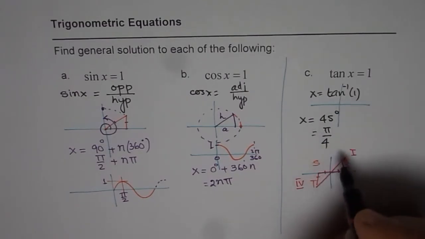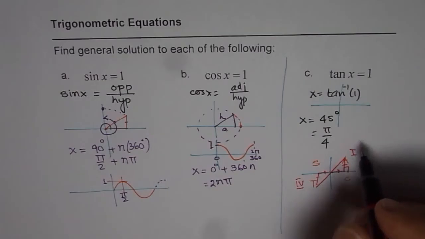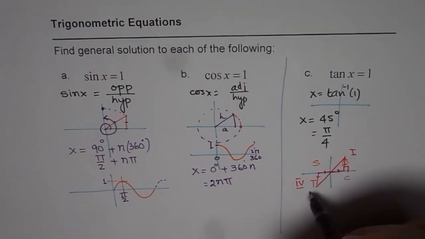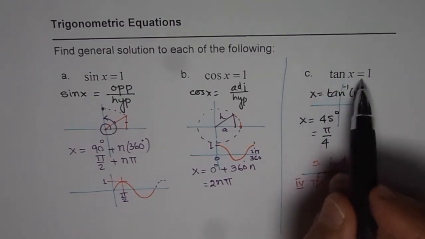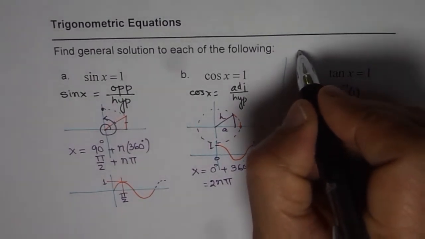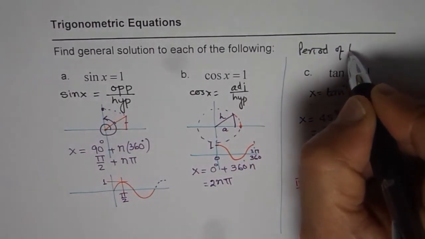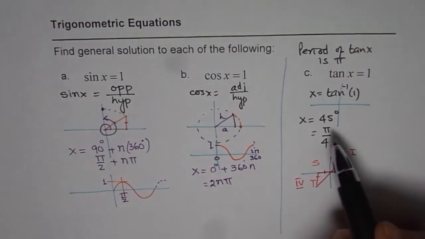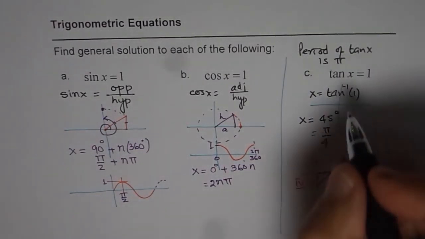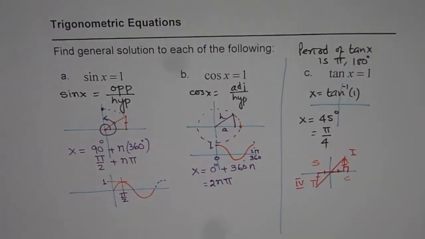But tan will be 1 two times in one full cycle, once when it is in quadrant 1, and the other time in the other quadrant where tan is positive. Or you can say that the time period for tan is pi. You should know that the period for tan is pi. That means it repeats after every pi, or we should say 180 degrees when we are considering degrees.